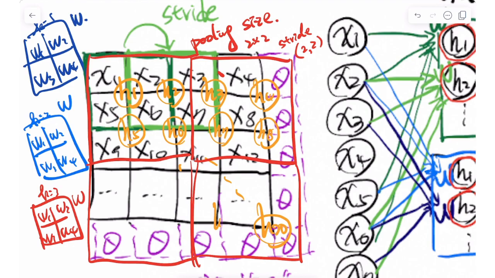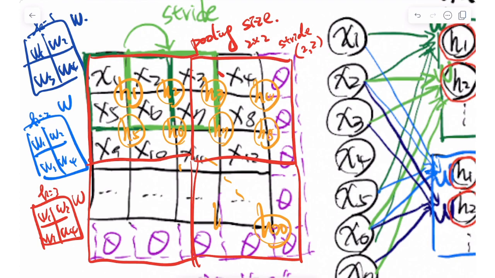And we need to calculate something to represent each pool. For pool 1, we have H1, H2, H5, and H6. As we mentioned before, if the values of H1, H2, H5, and H6 are larger, that means this neuron is activated.